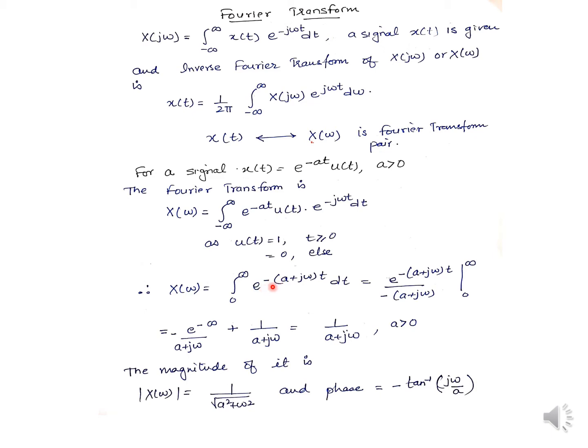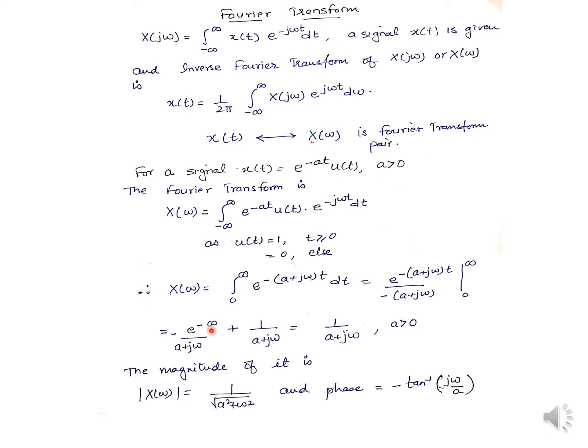These two have same base, e raised to the power, so we can say e raised to the power minus bracket a plus j omega into t into dt. When you will integrate it, it will be e raised to the power minus a plus j omega t divided by minus of whatever the constant factor here for you, or we can say the variable also, because omega is a variable. So it's from 0 to infinite, the limits.